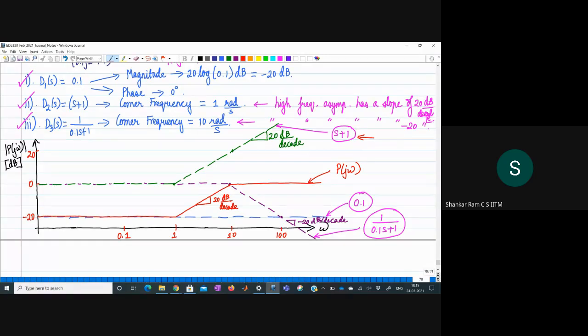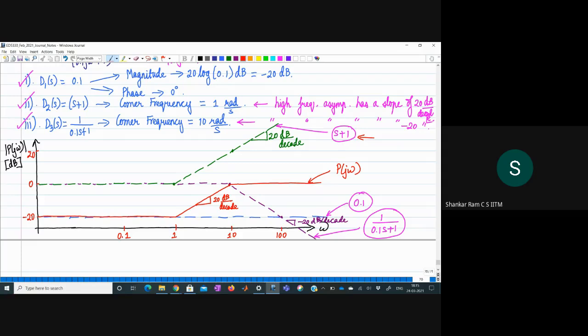Till the corner frequency of 1, it will be at minus 20, and then after the frequency of 1, the factor s plus 1 will contribute plus 20 decibels per decade. So the magnitude will grow at plus 20 decibels per decade, and from 1 to 10 we add 20 decibels, right, because that is the slope.